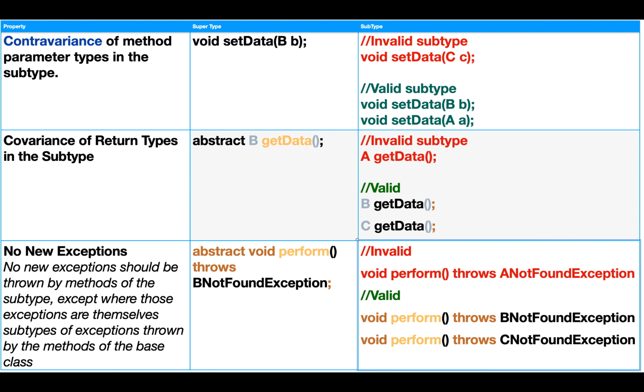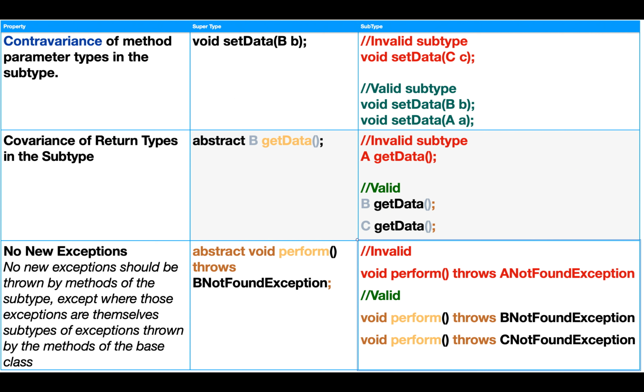We can use the same exception or its child class exception as throws, but we cannot use its parent class. So, let's say one method perform is in our parent class or base class which throws B not found exception, and A not found exception is the parent class of B not found exception, and B not found exception is the parent class of C not found exception, like we did for ABC.